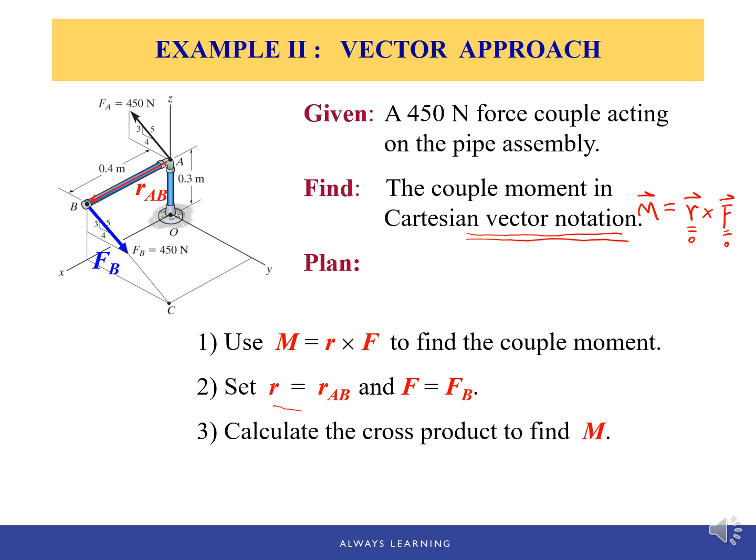We're going to use RAB because that's the easiest way. And also, we're going to use the force FB, since the position vector RAB ends on the force B, which is the force applied at point B. So you have to use that force in your calculation and use the cross product to solve for the moment.